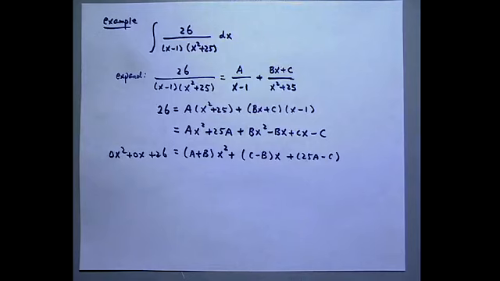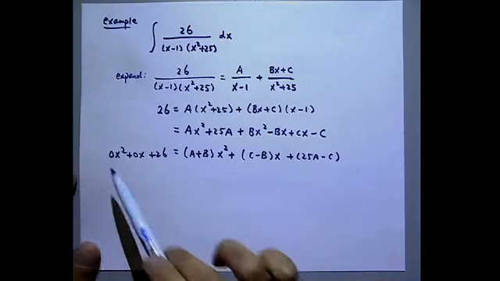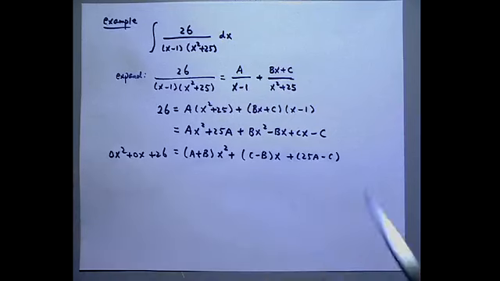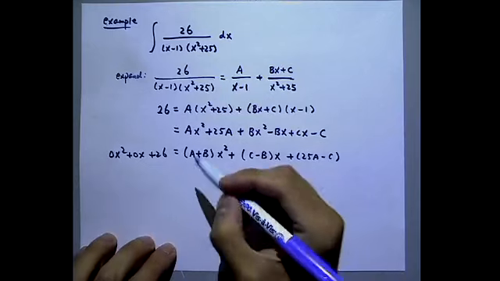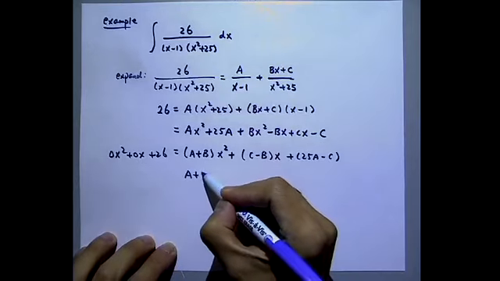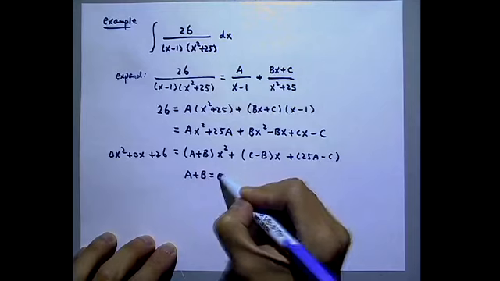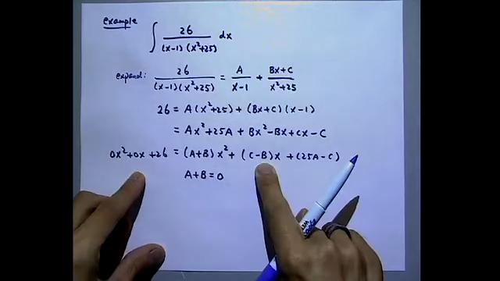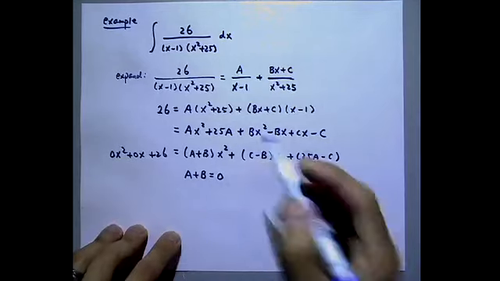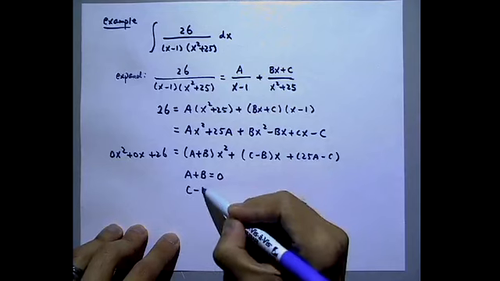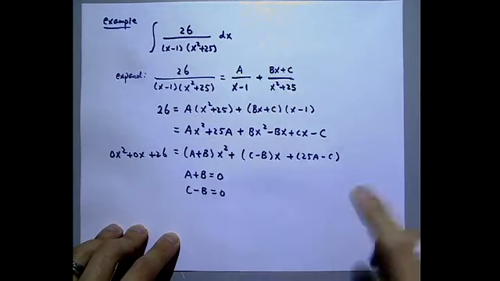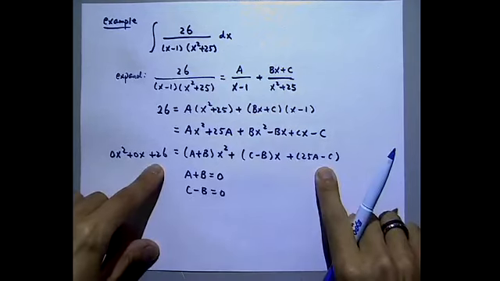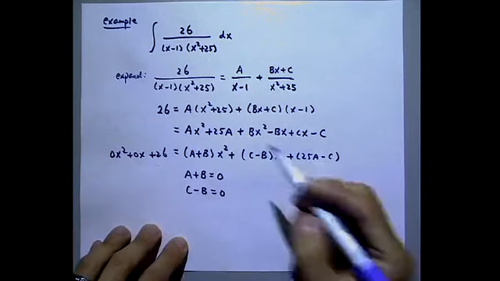And just like last time, these two things have to be equal. So therefore, A plus B must be equal to the coefficient of x squared on the left, which is 0. So we have three equations to solve now. A plus B equal to 0. There's no x on the left, so C minus B must be equal to 0. And lastly, 25A minus C must be 26.